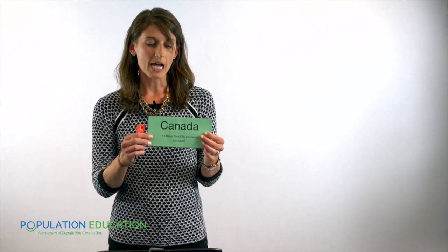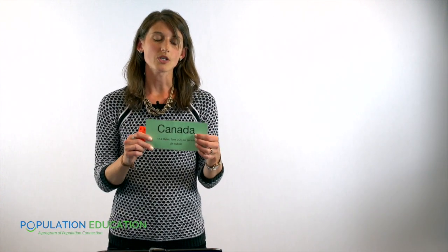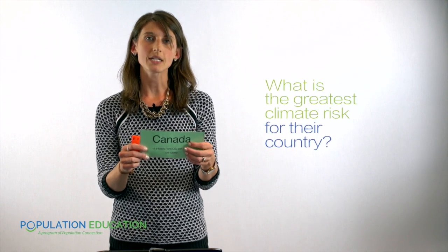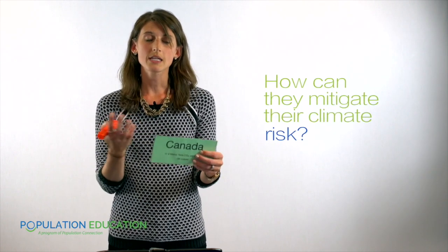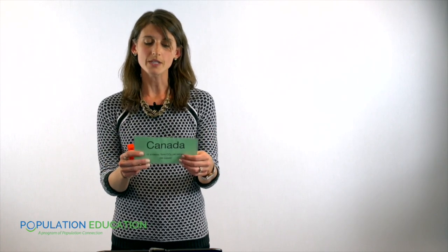At this point, ask the students in their country pairs to figure out which risk they are the most vulnerable to. In other words, where are they ranked the lowest? And brainstorm how they might mitigate some of that risk. What things could be done in their country to protect their people from this risk?